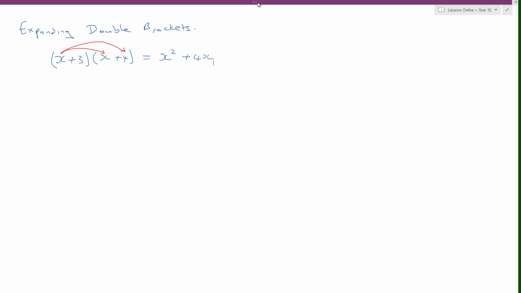And then we look at the 3, and the 3 also has to multiply everything in the other brackets. So 3 has got to multiply the x here, and then 3 also has to multiply the 4. 3 times x gives us 3x, and 3 times 4 gives us 12.